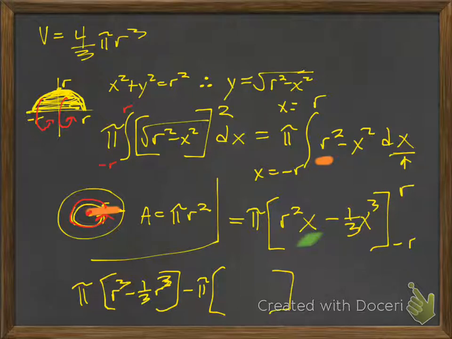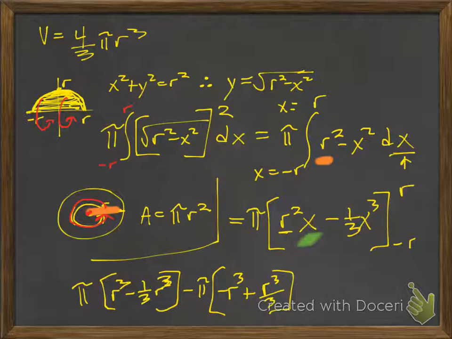There is a little bit of a conundrum there. It is the regular r squared that's part of the expression, and then I'm putting negative r into that, so it is going to be negative r cubed. Ooh, some weirdness in there. And then minus 1/3. We're going to do negative r cubed, which is a negative to an odd power, so it's going to be negative itself. So we're going to end up with positive 1/3, or r cubed over 3.